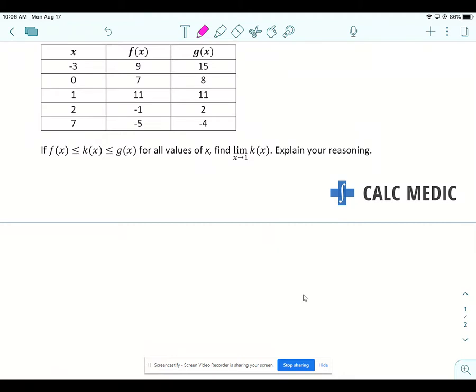When we're doing a limit from a table of a continuous function, finding the limit as x approaches 1 of f of x is really just finding its value on the table. That's just going to be 11.